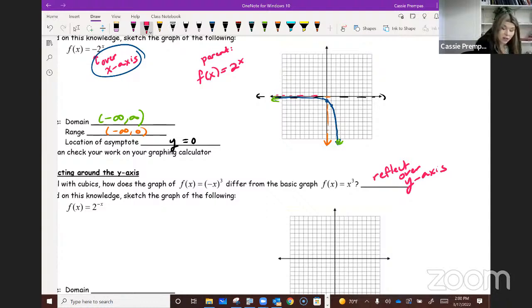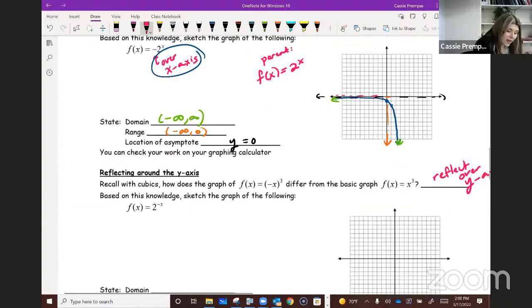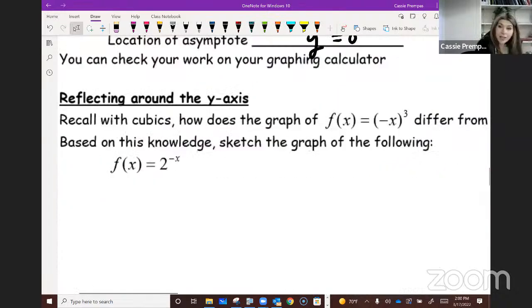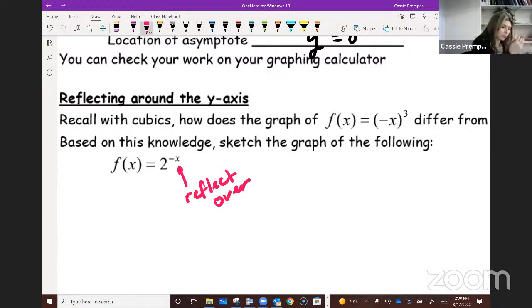It's the x coordinates that are actually affected. They're made negative, but visually it's reflected over the y-axis. How will that look in our new graph? Again, the negative will be in with the input. When it's in with the x, it's going to reflect over the y-axis.